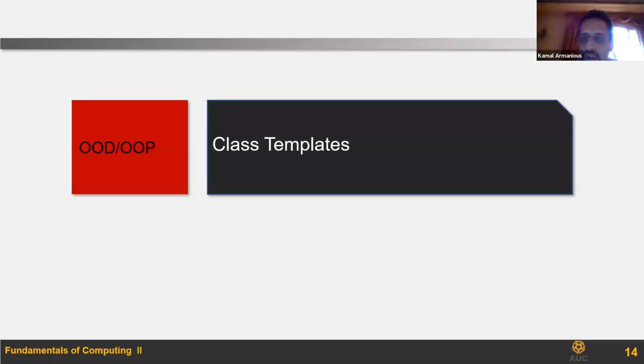You can call a function and supply an input parameter as integer, as float, or as double. You can do whatever you want based on the data type that you want to call the function with. So this is meant by a class template.